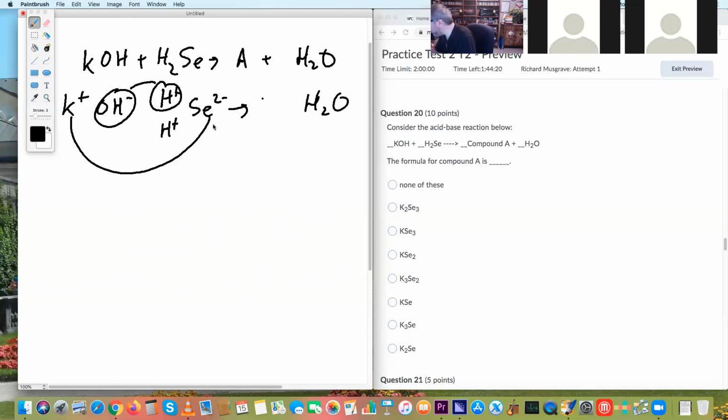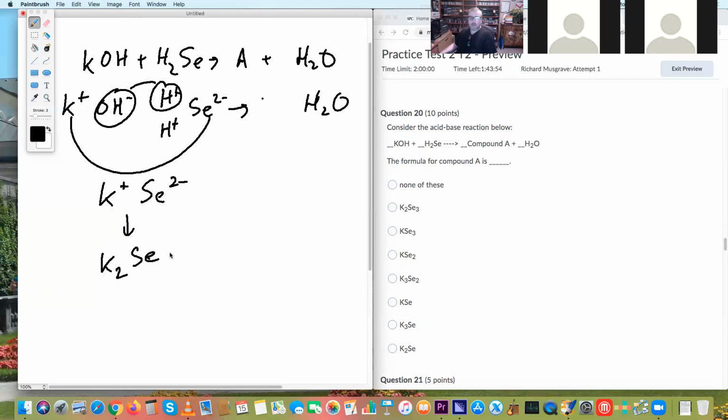But now I have to figure out what's going to happen with the K plus and the Se2 minus. And in order to make that work, K2Se would be the answer there. So I'd need 2 Ks to balance out the -2 on the Se.